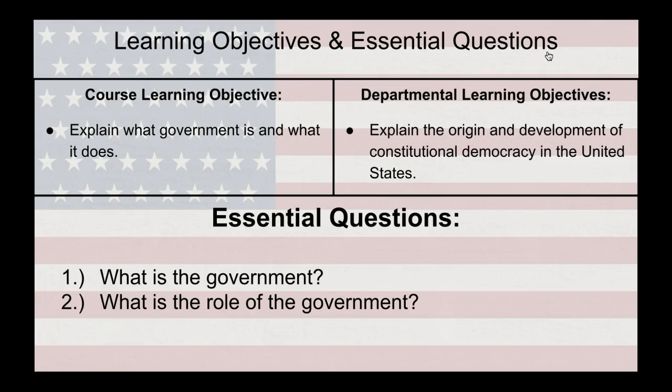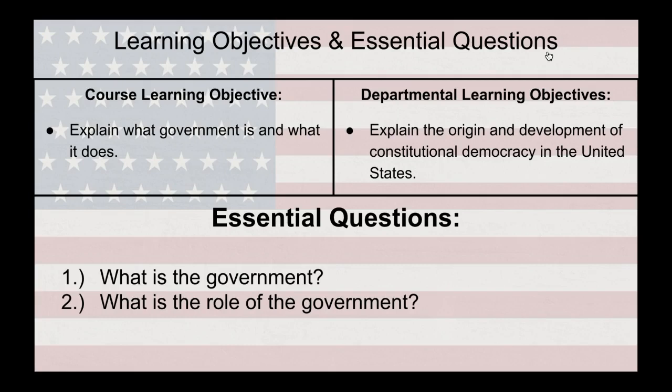The next part are the essential questions. At the end of this lecture, and at the end of reading the assigned readings that correlate with the PowerPoints, these are the questions that you should be able to answer. If you cannot answer these questions after having watched the lecture and read the information, then you need to go back and revisit the information or contact me so that we can get you on the right track.